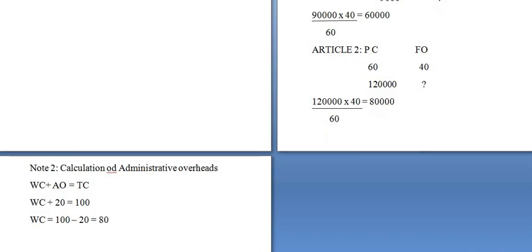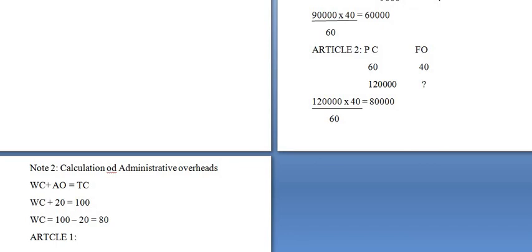Okay. Now next line, again the same calculation as we have done for factory overheads. We will have to calculate it for article 1 and article 2. Article 1.